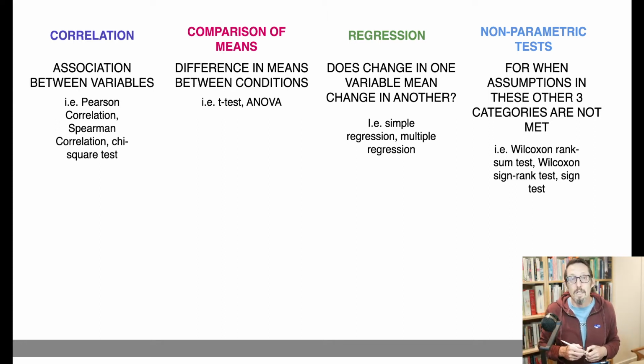But if we don't know which shape the data comes from, or if the data comes from a wacky shape that we know what it looks like, then we may go after these non-parametric tests. Non-parametric means we're not fitting it to the parameters of a normal distribution, okay?